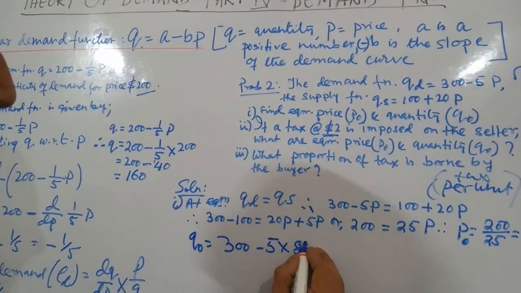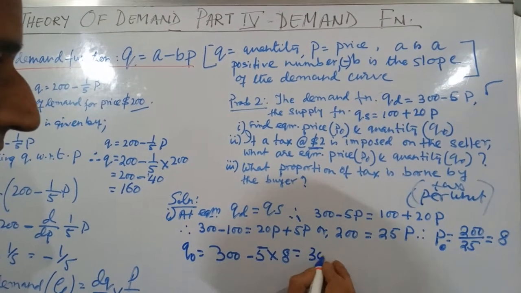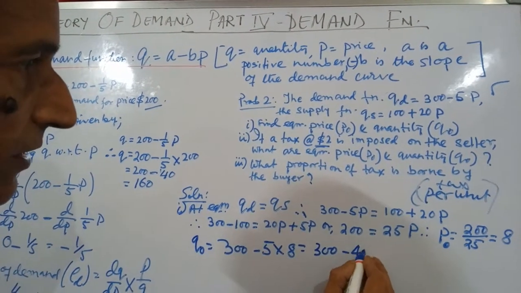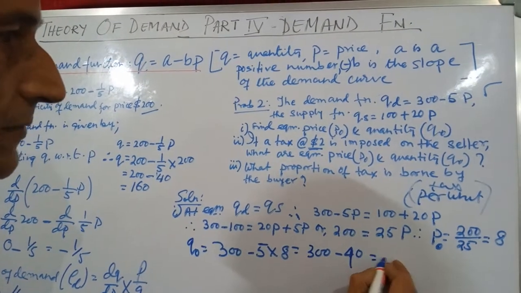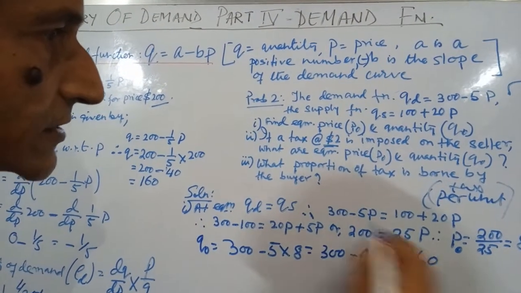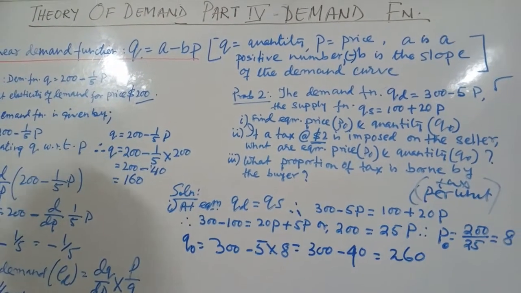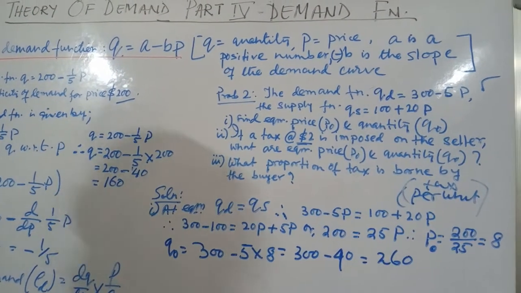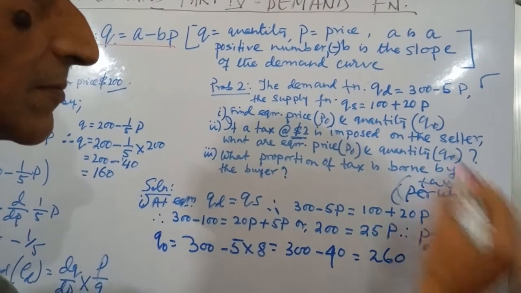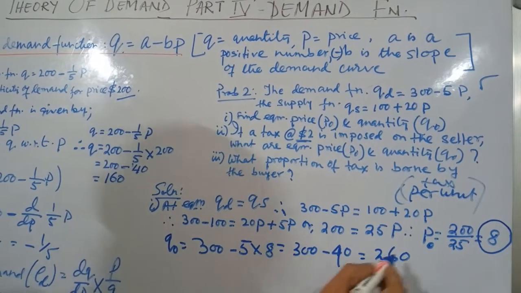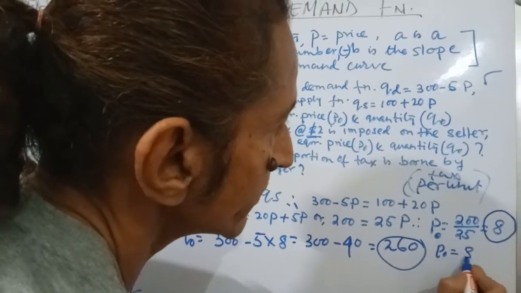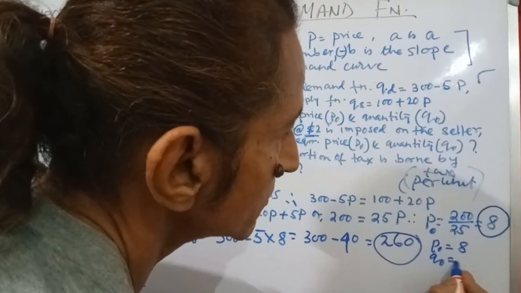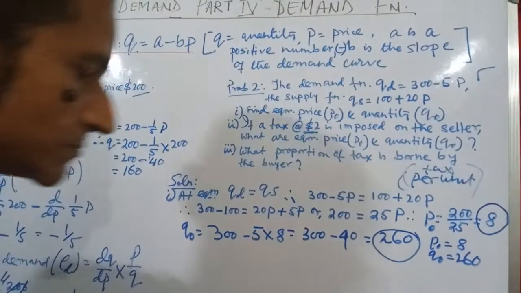So this comes to 300 minus 40, that is 260. So equilibrium price is 8 and equilibrium quantity is 260. So P0 equals 8, Q0 equals 260.